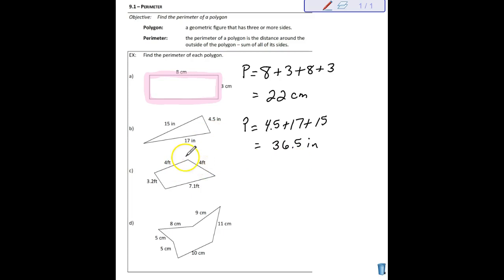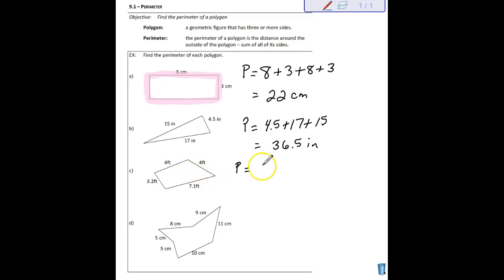Now let's look at this figure, this polygon. It's a quadrilateral, but it's not a specific quadrilateral like a rectangle or a square or a parallelogram. But that doesn't matter. We're still going to figure out how we find the perimeter. So again, we just go around all of the outside edges.